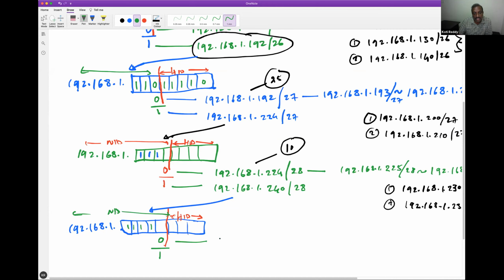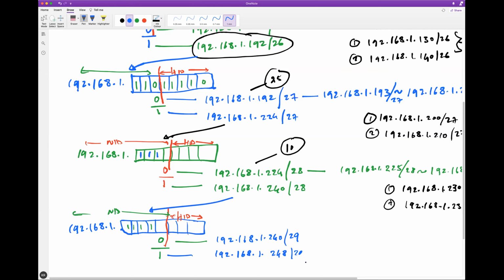So for 0, I get 192.168. 4 ones, 240. So 1.240/29. Correct? Second one would be 192.168.1.248/29.